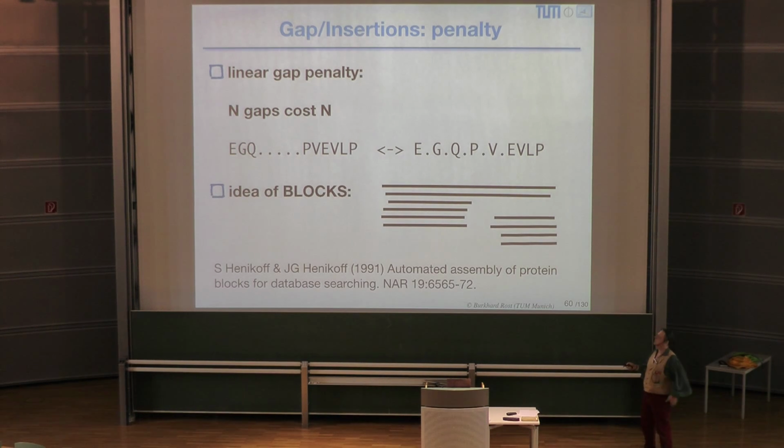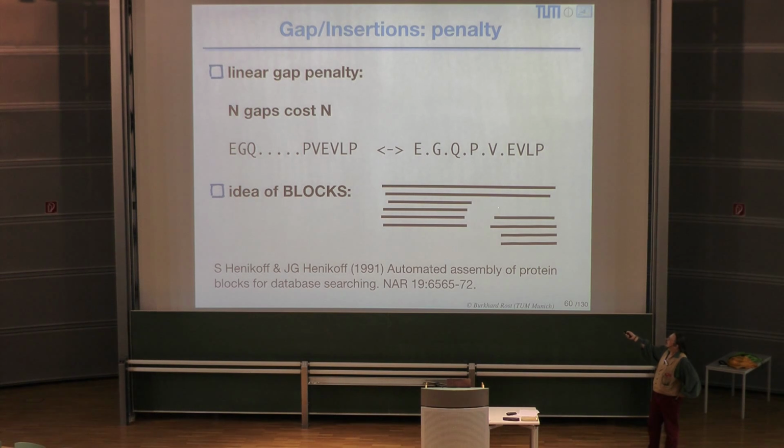And that brings us to the idea of blocks. That idea comes from Steven Henikoff originally. When we look at the alignments of many proteins, typically we see something like this. You may remember my talk about domains. This is one protein, another protein, 3, 4, 5, 6, 7, 8, 9, 10.